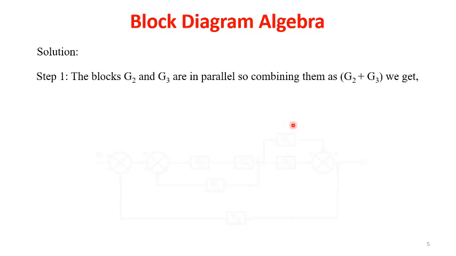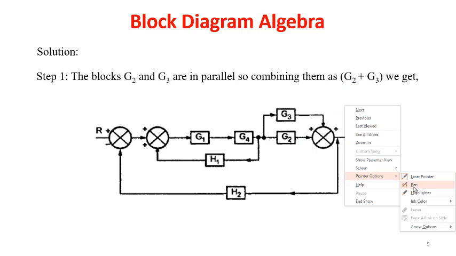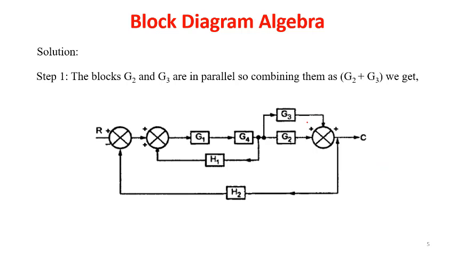Step 1: the blocks G2 and G3 are in parallel, so combining them we get G2 plus G3. When we combine this whole block G2 and G3 with the summing point, we get the block as G2 plus G3.